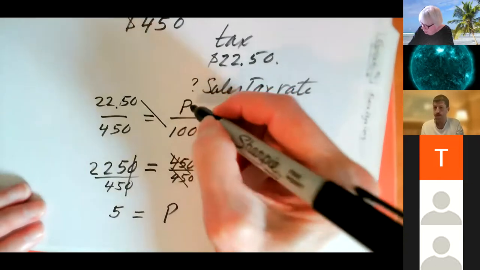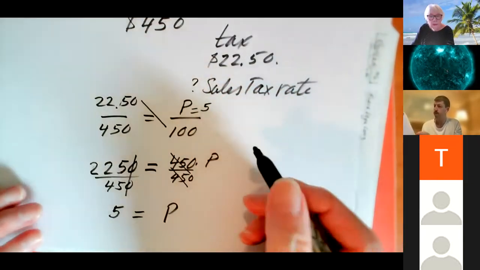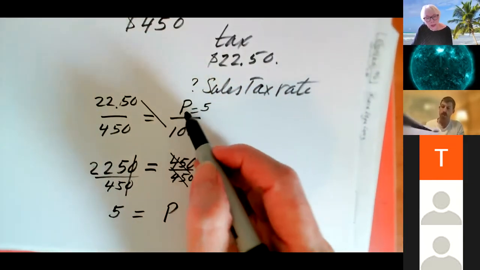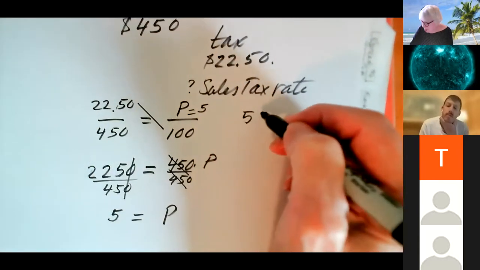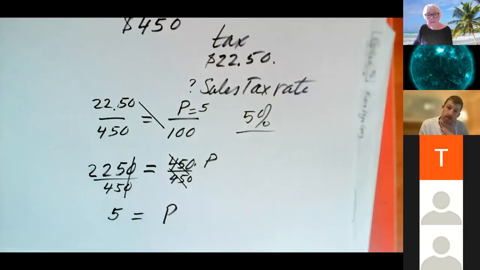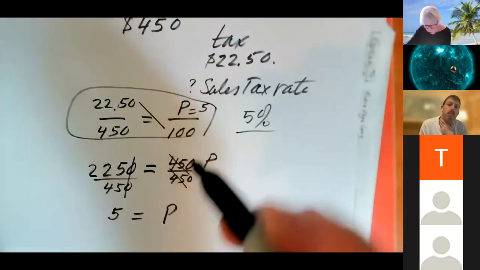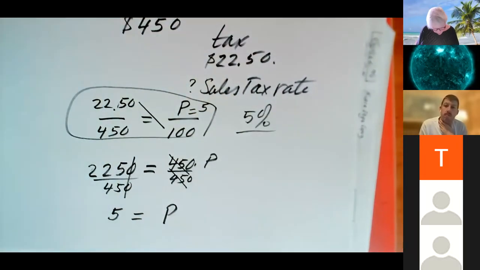Oh, I cheated. Okay, so this is 5, this is 5%. So that was the sales tax. How's that? I think this will work for us. Okay.